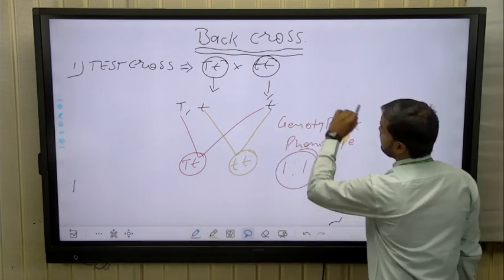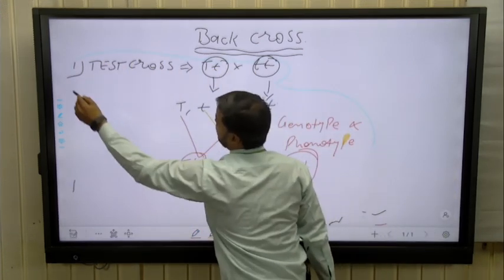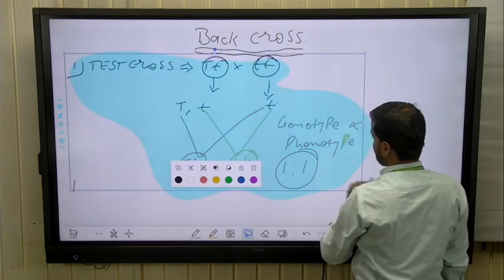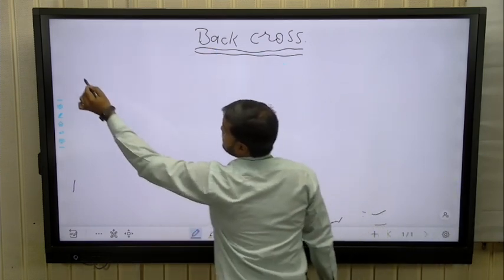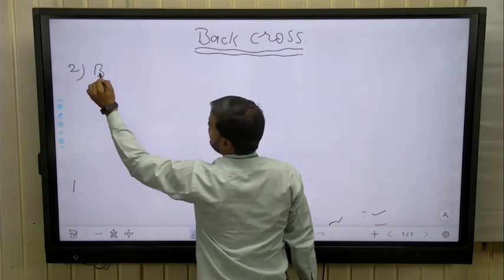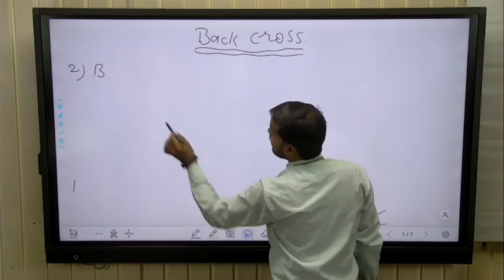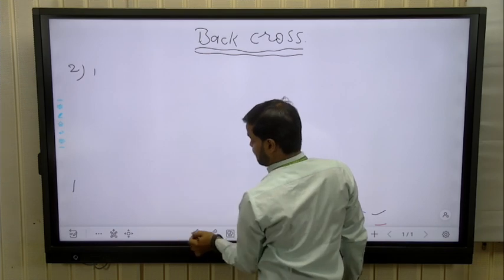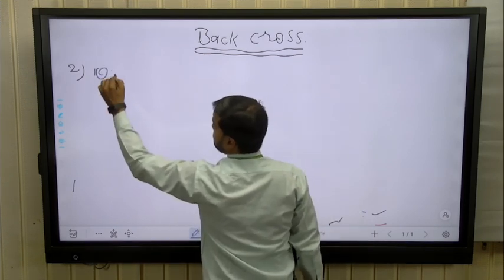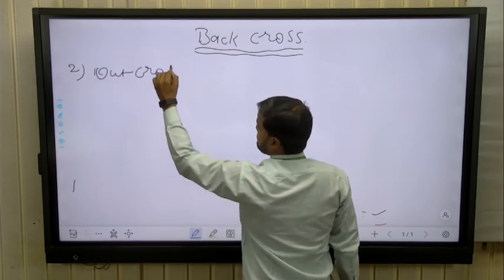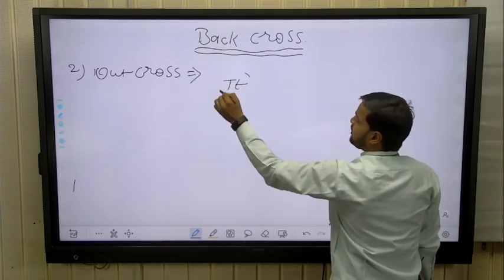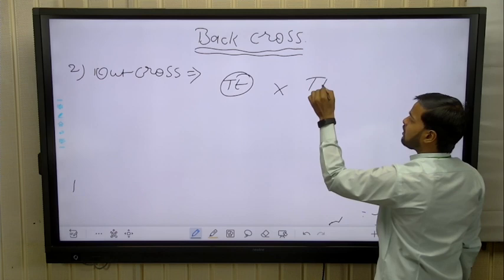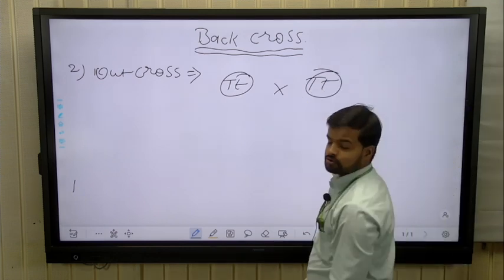After that, we do another cross, called back cross. Second cross is out cross, sorry. This cross is performed between the F1 generation and the dominant parent.